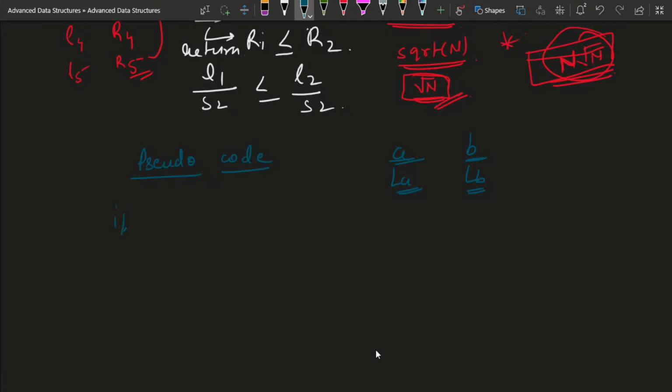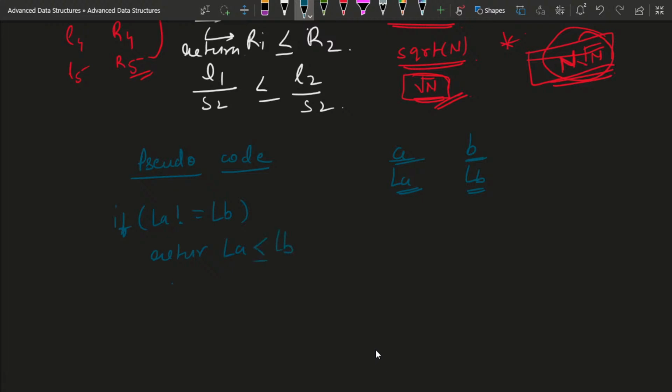If LA is not equal to LB, then I will return on the basis of their left block number only, so that would be LA less than LB.